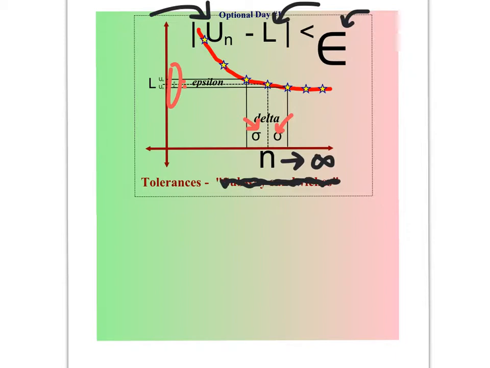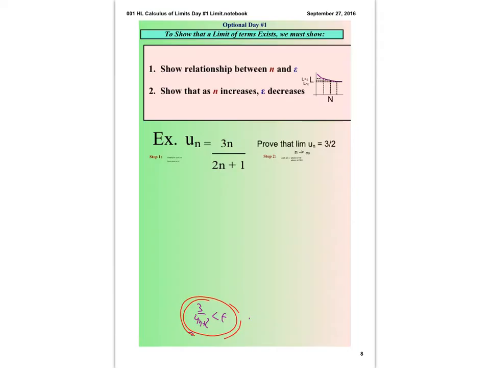So as n goes to infinity, the window starts to squeeze and get closer and closer and closer. That's what a limit is. So our left-hand limit and our right-hand limit, we wanted to meet. We want this upper end of epsilon right here and this lower end of epsilon here to squeeze and give us some limit as n goes to infinity. Let's go ahead and show on the next page how to use that.